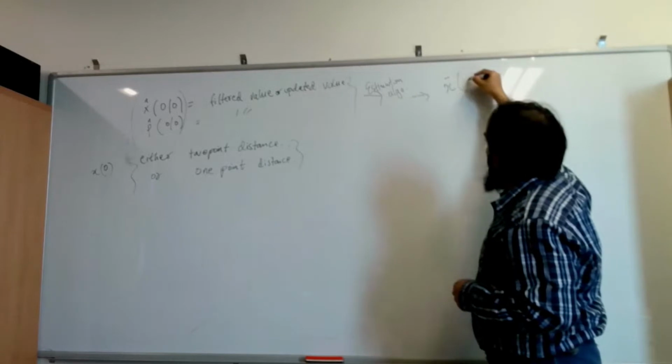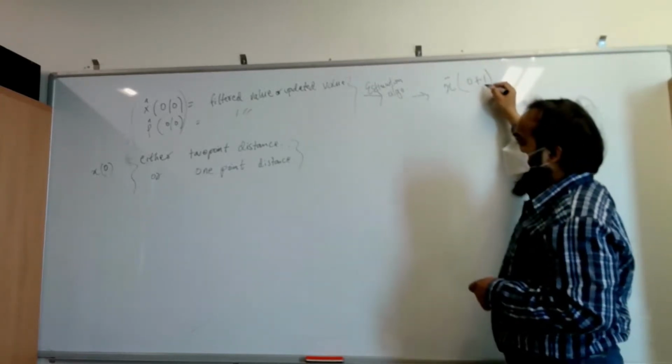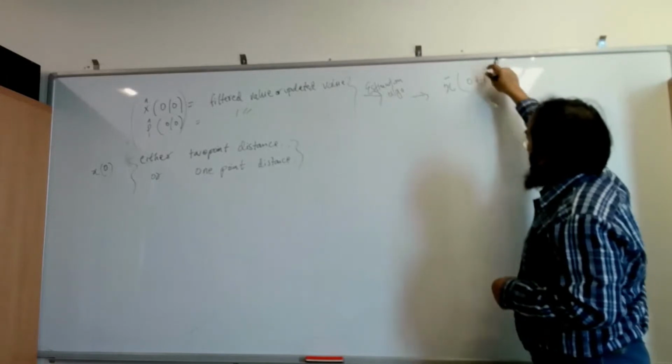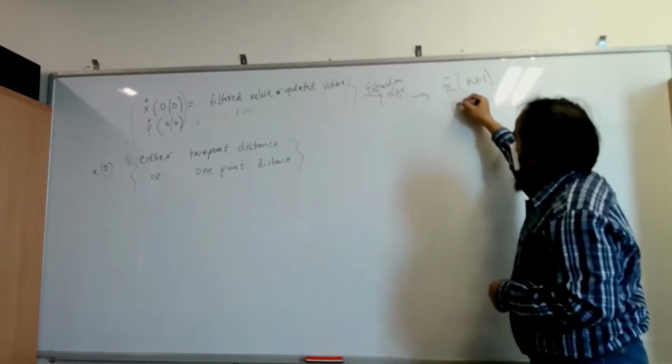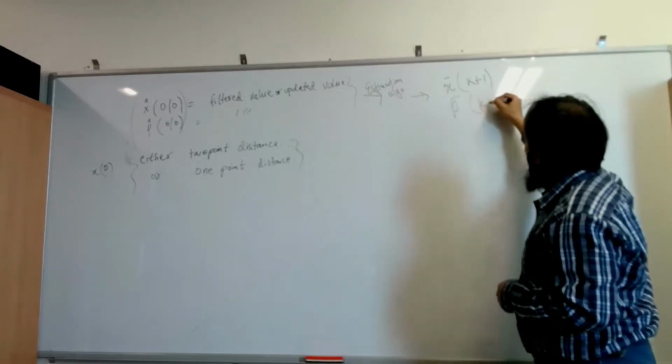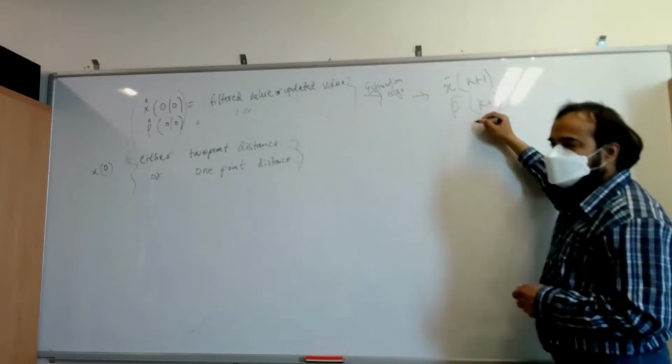So normally this will be k plus 1 given k, and similarly k plus 1. Then the cycle repeats.